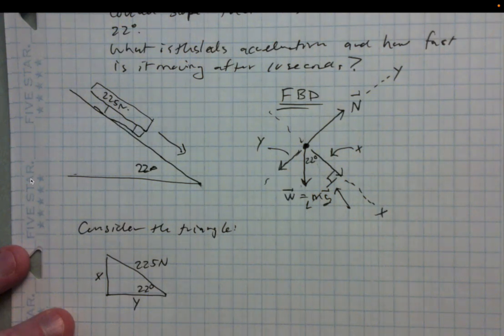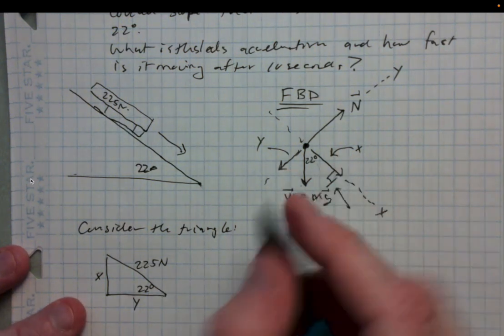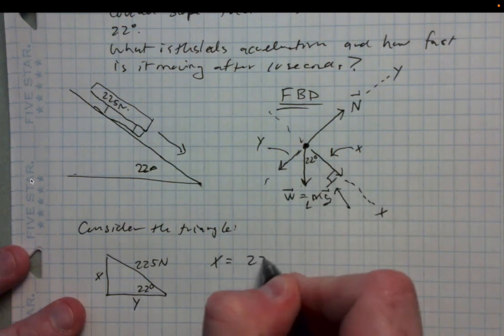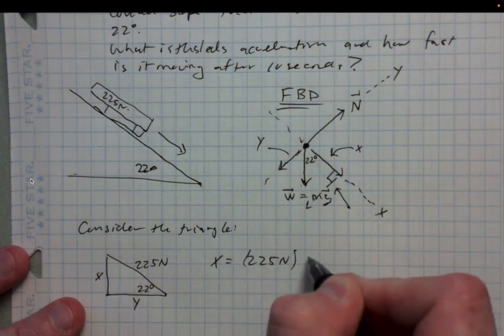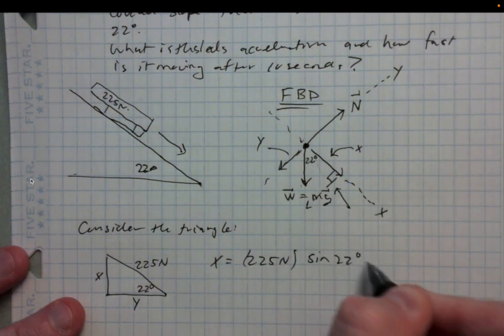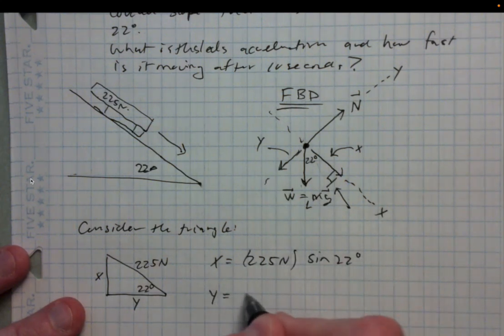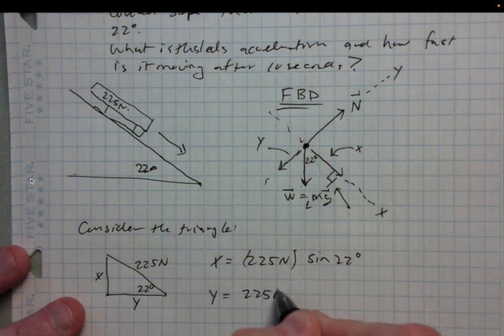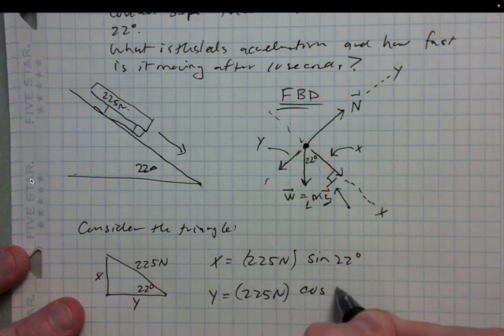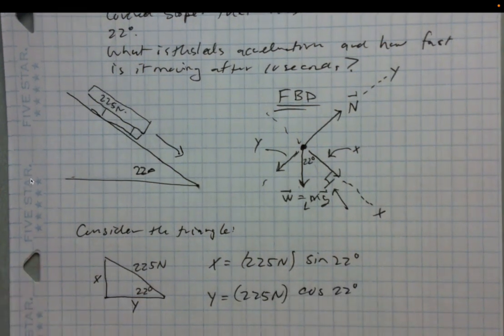Okay. And we can say that x is equal to 225 newtons times sine of 22 degrees, and y is equal to 225 newtons times the cosine of 22 degrees. Right, just kind of doing the trig here quick.